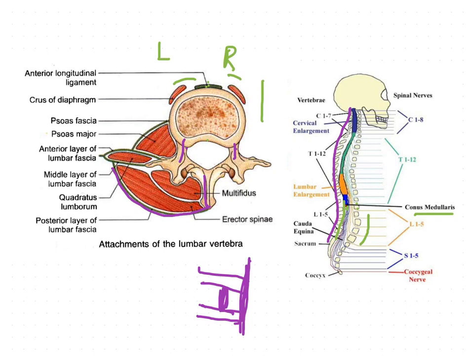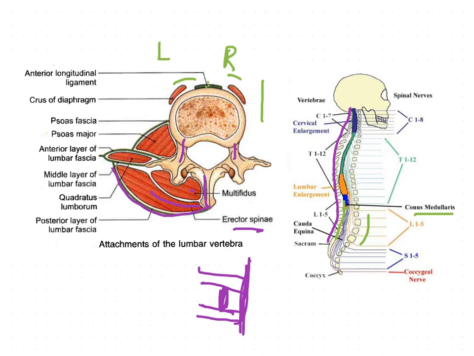Okay, and then the erector spinae, the multifidus and interspinous muscles are also attached. Here you can see this multifidus muscle, it is attached to the spine. Also the erector spinae is a complex group of muscles combined and called the erector spinae.